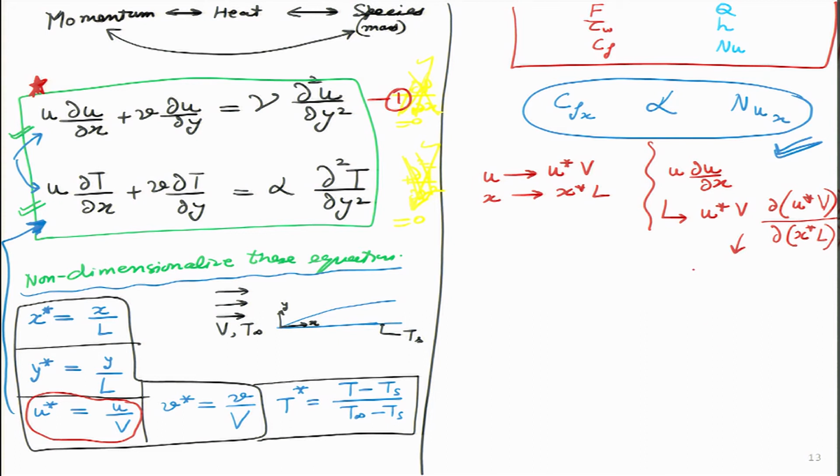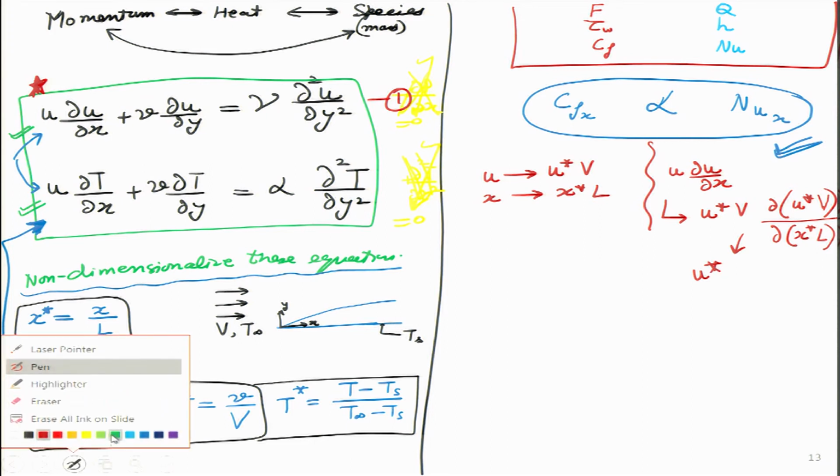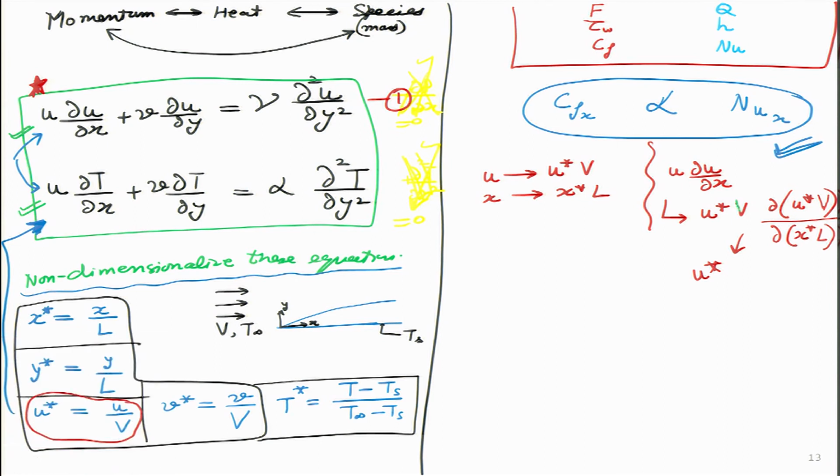What I will get is, first the u star, then all these are constants. So, let me show the constants in green color over here. So, capital V is actually constant, this L is a constant. So, all constants I can club together and I will say it becomes V square by L. I can take them outside the bracket, right? Constants I can take outside the differential sign.